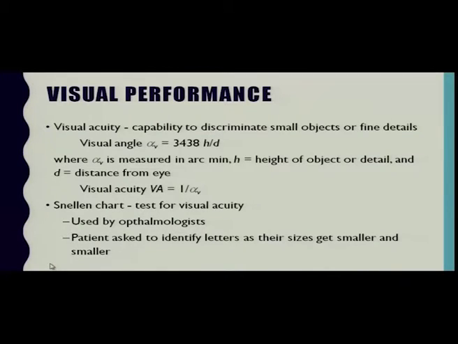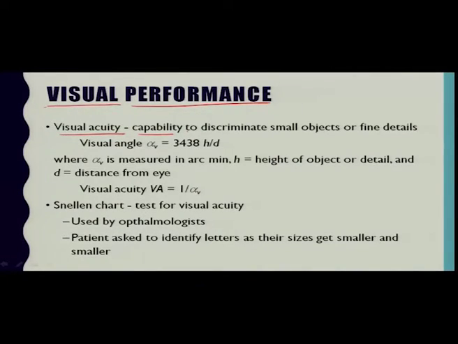Now we need to understand visual performance. There are basically several measures of human visual performance that we have to mention in our discussion of the understanding of the eye. These performance measures affect an individual's capacity effectively in many situations, whether it be a job or daily life activities.